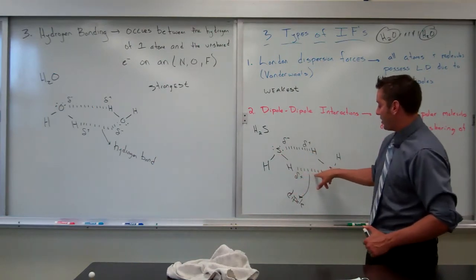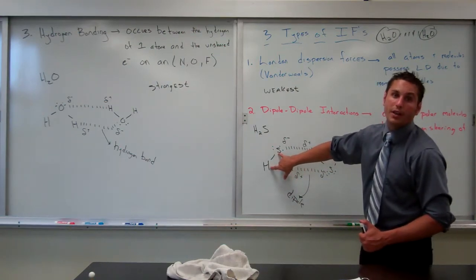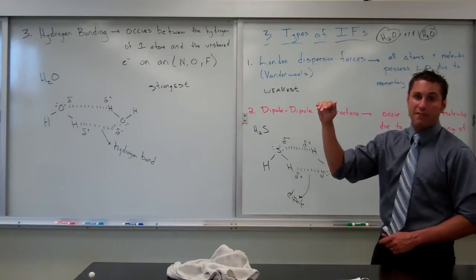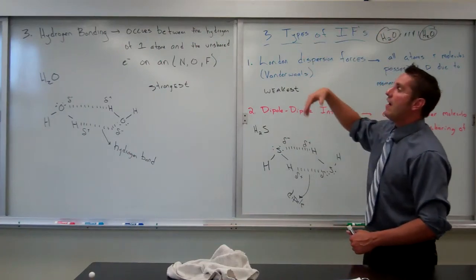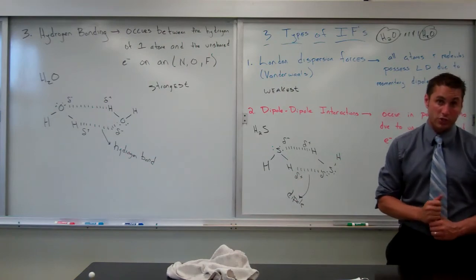So this interaction is only worth 1/100th of, say, this bond. So the order of real priority is ionics are the strongest by far, then covalent bonds, then the IFs, and among the IFs, hydrogen bonding, dipole-dipole, followed by London dispersion.